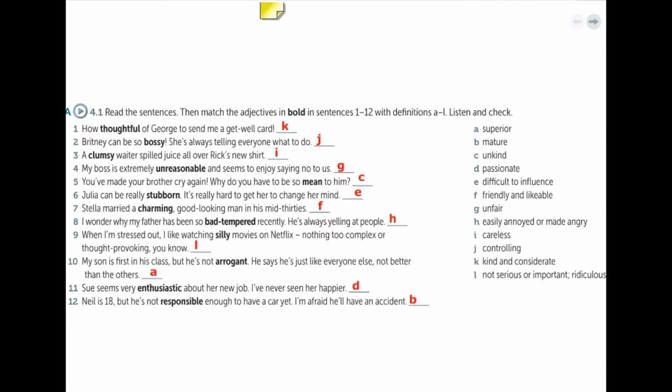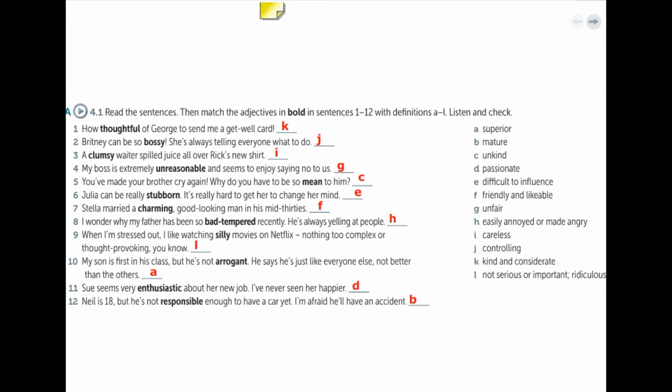Unreasonable, G. Number 4, unreasonable means unfair. 5. Mean, C. So number 5, mean equals letter C, unkind. 6.